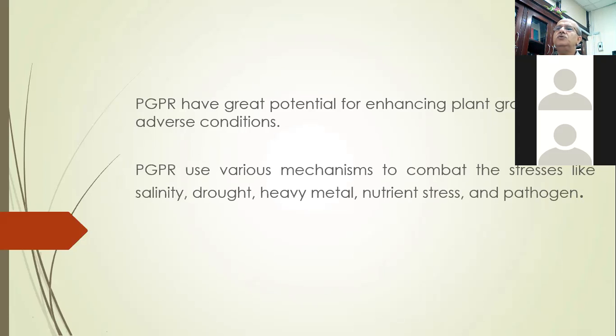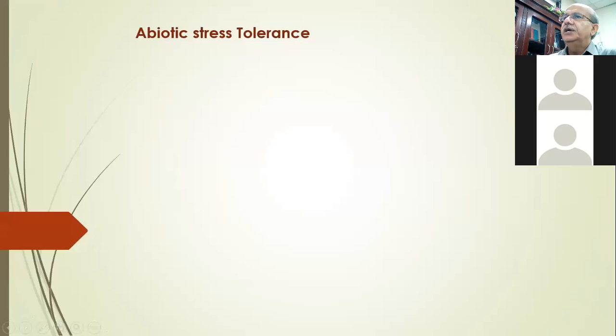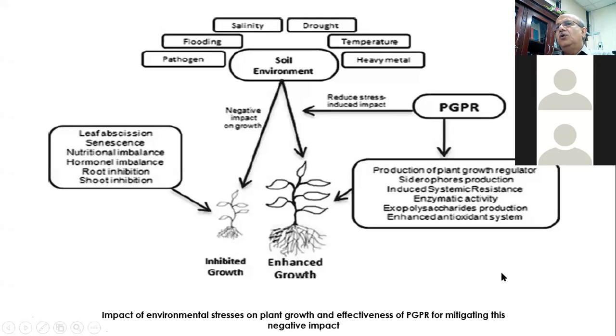So PGPR use various mechanisms to combat the stresses like salinity, drought, heavy metals, nutrient stress, and pathogens. So how do they do that? Before that, just try to understand this figure which I have given here. These may be the stresses present in the soil environment.